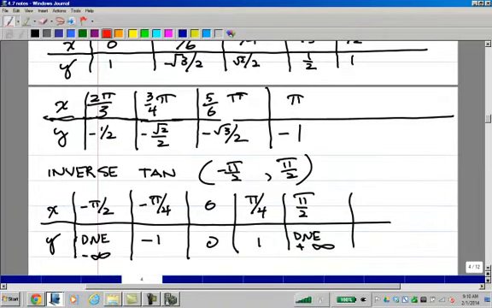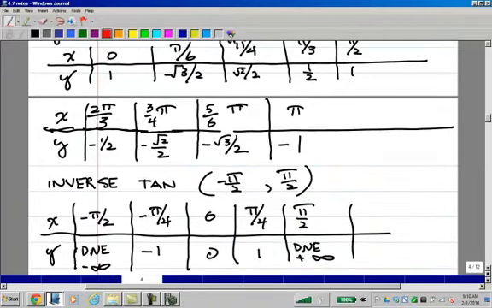We got the inverse tan. Now, the tangent, the arctan or the inverse tan, the domain is all reals. The tangent can go from negative infinity to positive infinity.